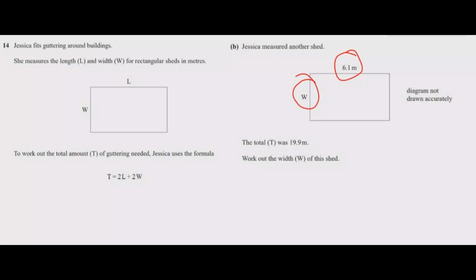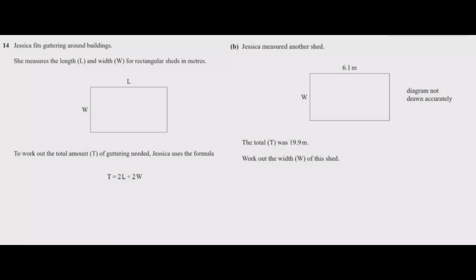When they say diagram not drawn accurately, that means you don't even need to measure these sides, because the measurements written do not match. So in this question, length is given, width is not given. The actual question is the total was 19.9 meters. Work out the width of this shed.